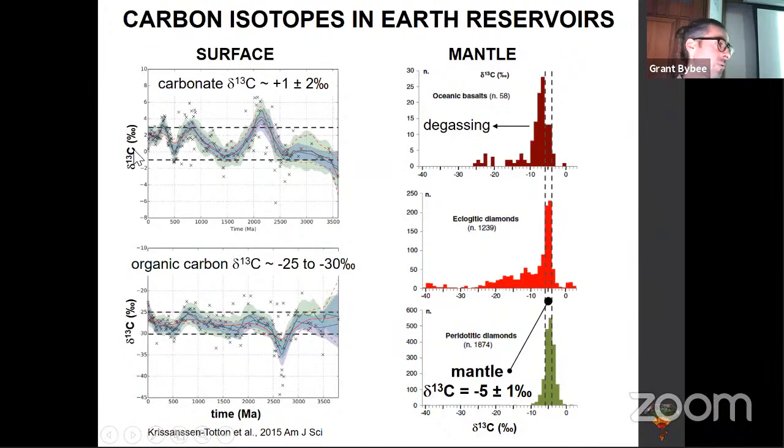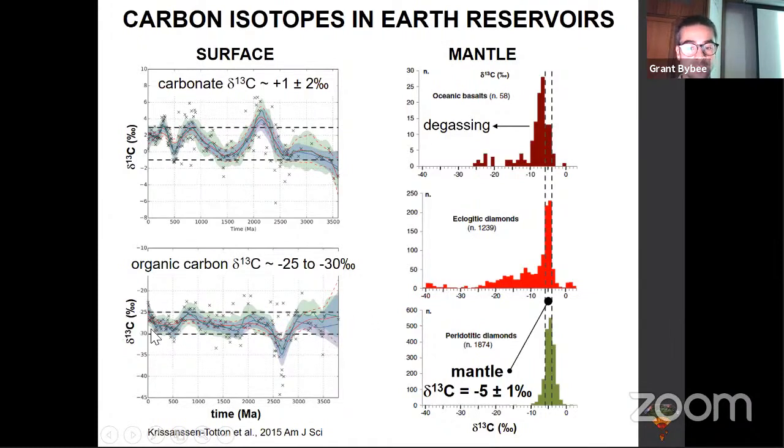Delta-13C is essentially the ratio of carbon-13 over carbon-12 compared to a standard, PDB belemnite. Whereas organic carbon is usually considered to be between -25 and -30.